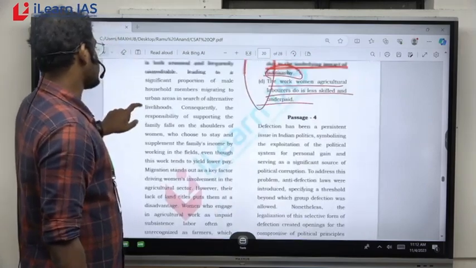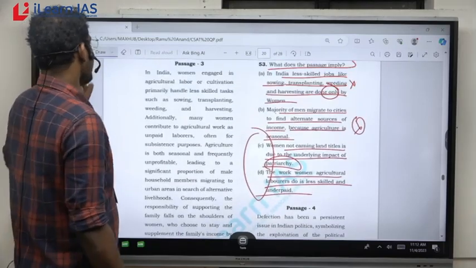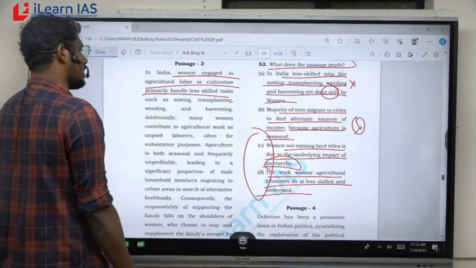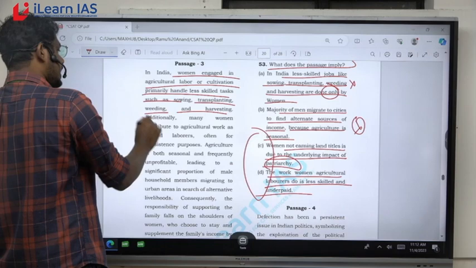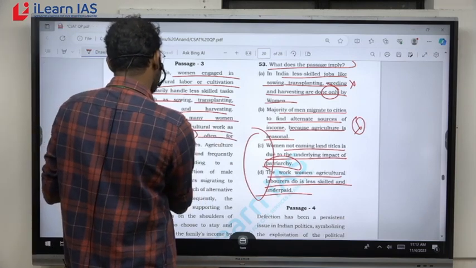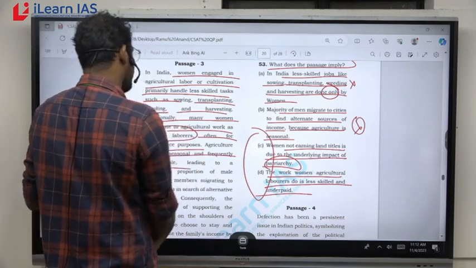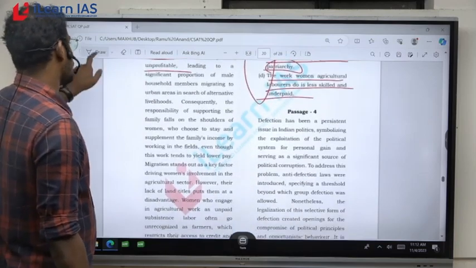The passage reads, in India, women engaged in agricultural labor or cultivation primarily handle less skilled tasks such as sowing, transplanting, weeding, and harvesting. Additionally, many women contribute to agriculture work as unpaid laborers, often for subsistence purposes. Agriculture is both seasonal and frequently unprofitable, leading to a significant proportion of male migration.